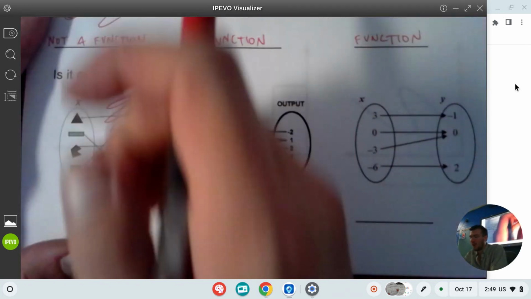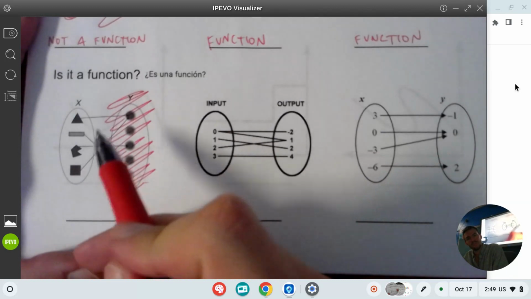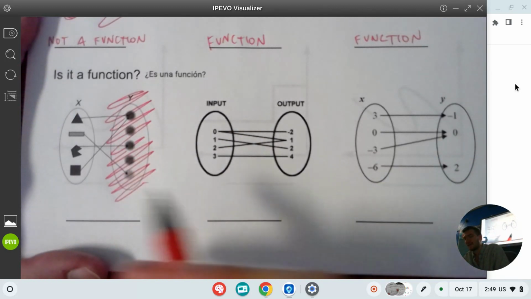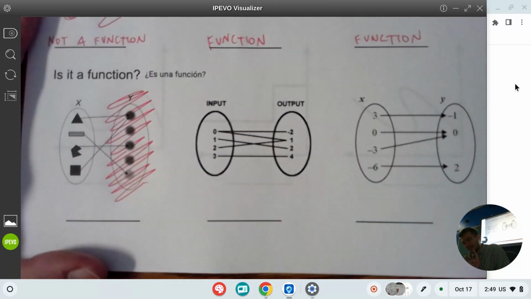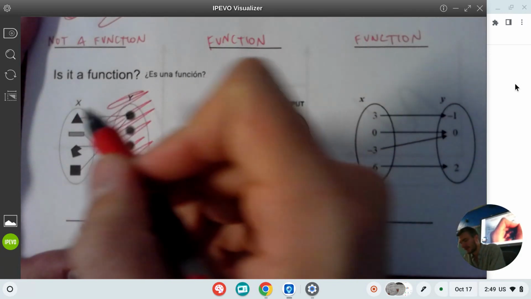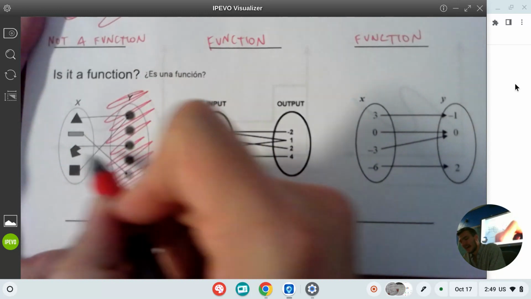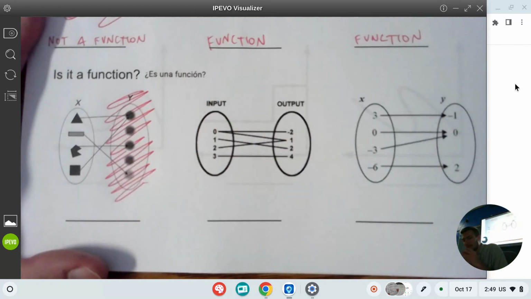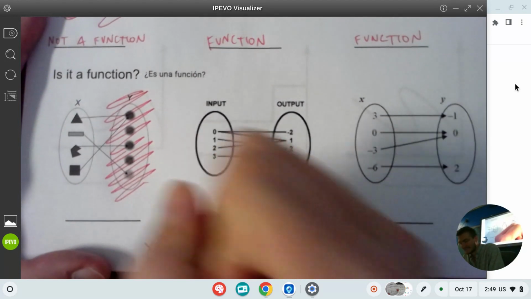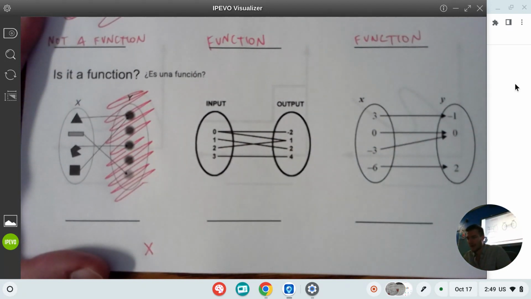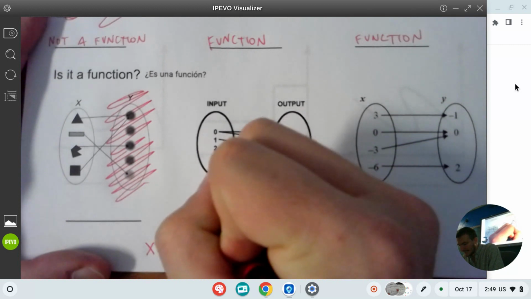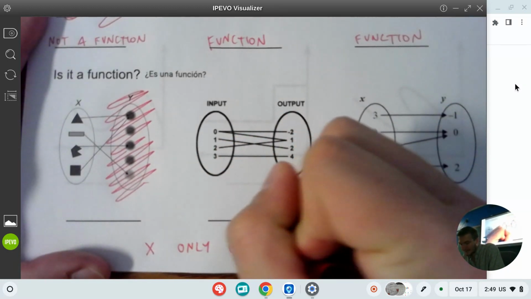Now, what we're going to look for when it comes to functions of a map is if they go to more than 1. Well, I hear a yes, yes, and no. Let me define it before you get in there. We have these lines. We're going to be looking at the lines, and x's, because again we don't care about the y's, only one line.